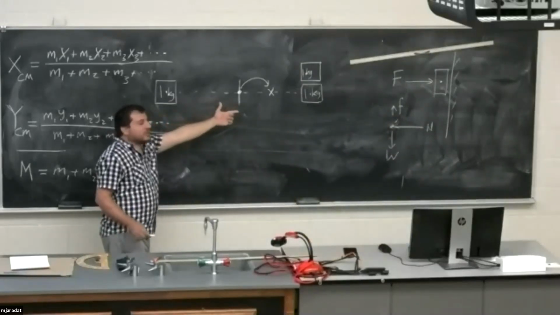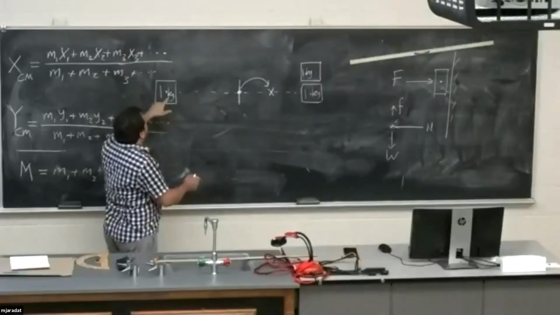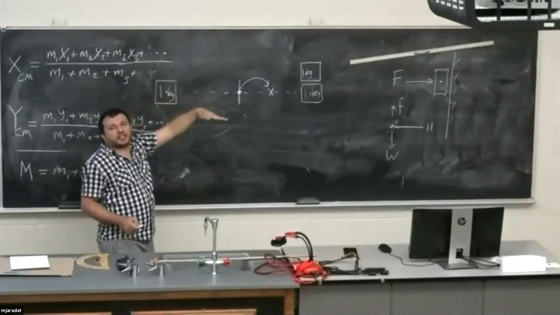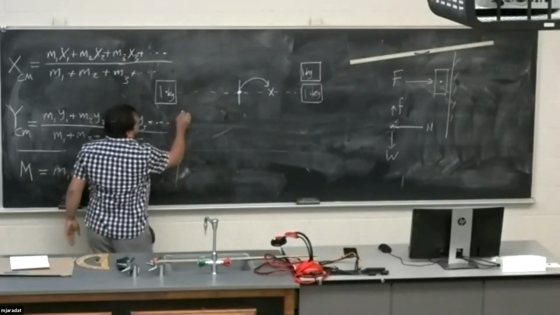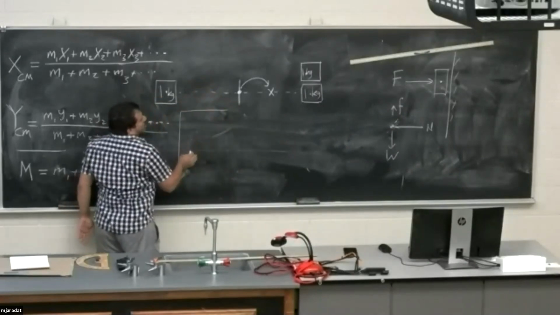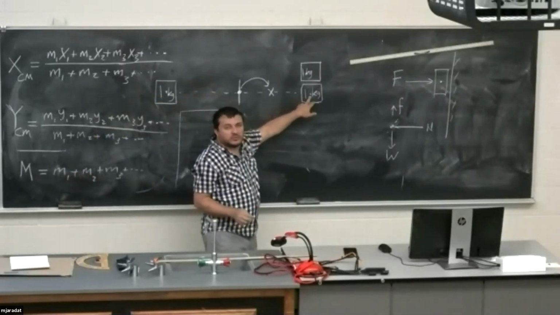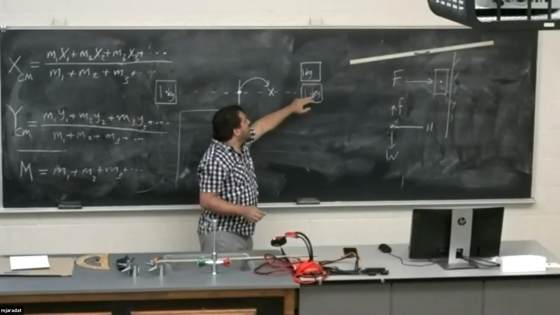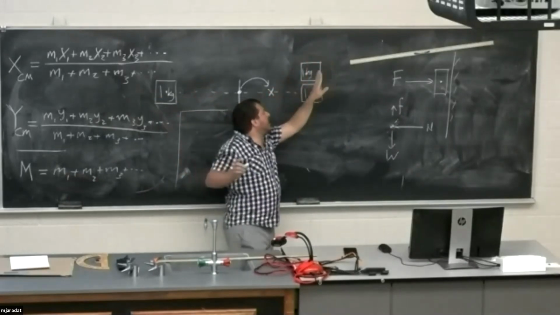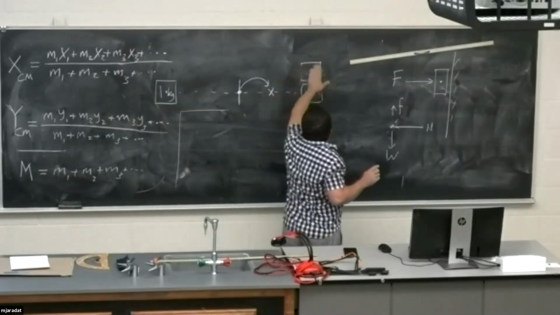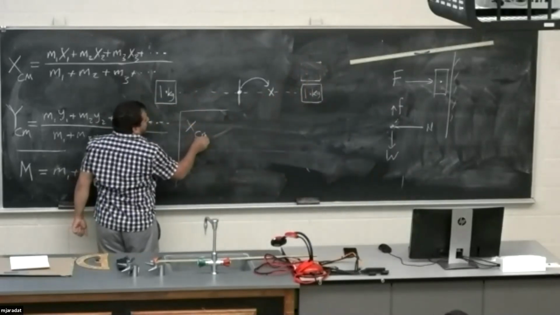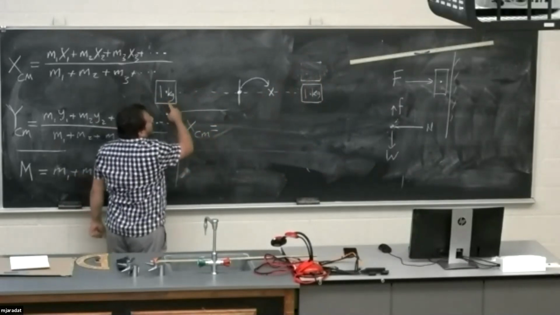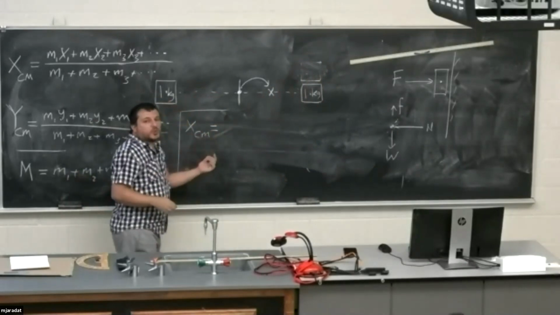Let me start with this example, which is just on the x direction. We don't have any y direction, but we will solve it for the two directions. For this one, we have 2 kilograms. If we have 1 kilogram and 1 kilogram like this, x center of mass is equal to m1 by x1.